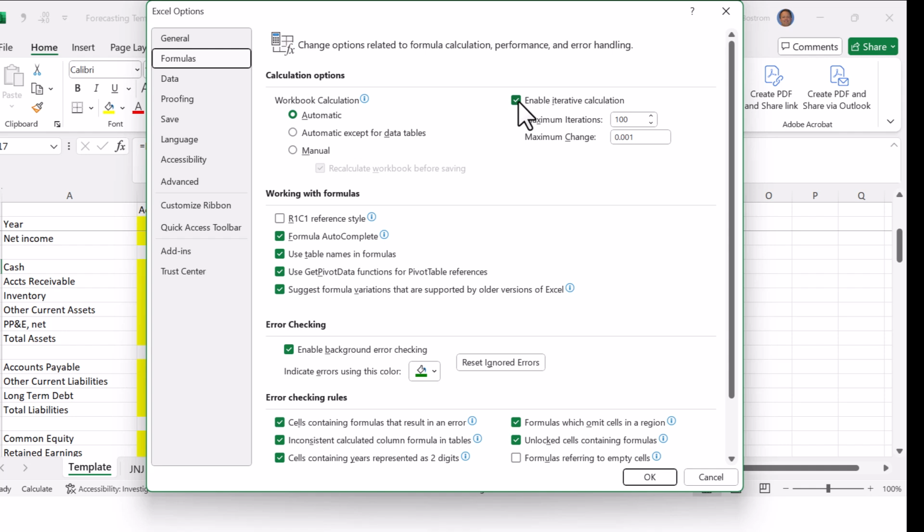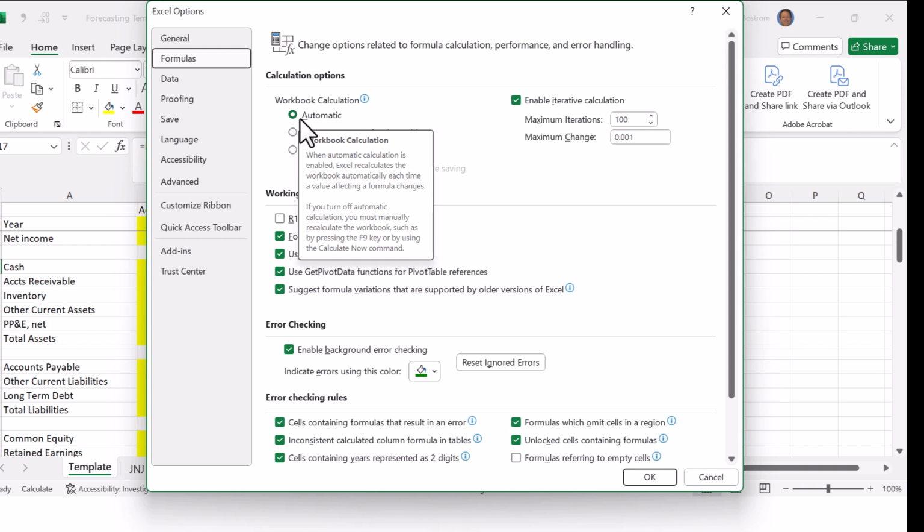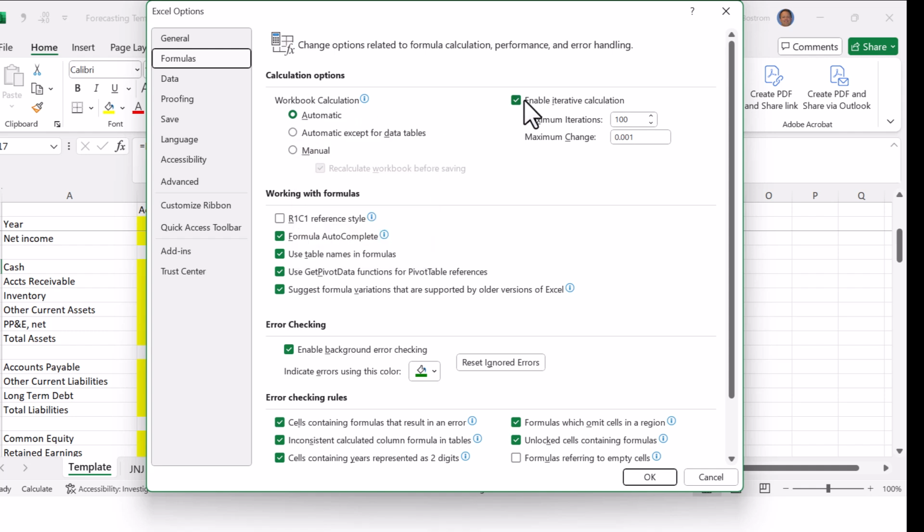So I want it to look like this. What that is going to do is allow a circular reference. If this doesn't say automatic, that probably does on yours, it probably doesn't say manual, but if this box is not checked, I can just uncheck it once.